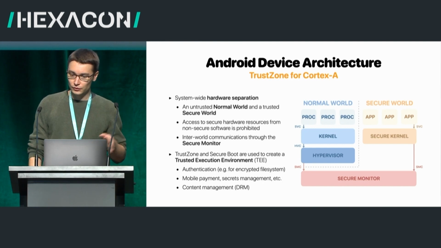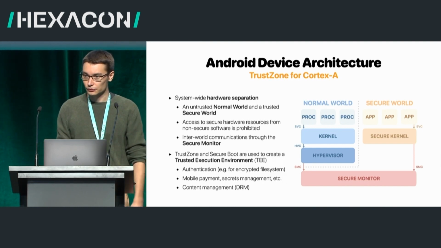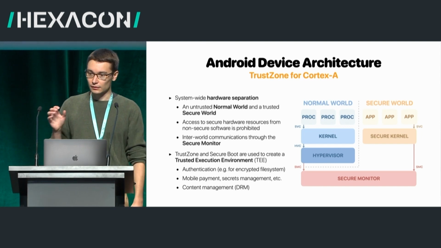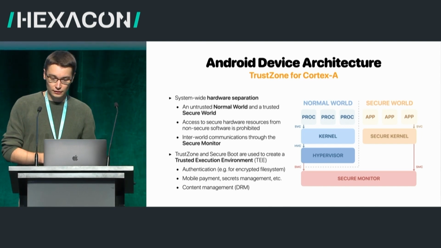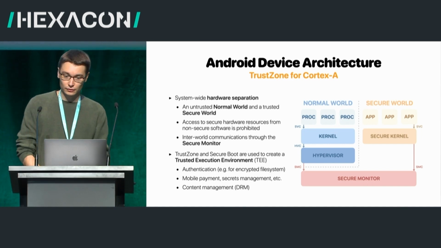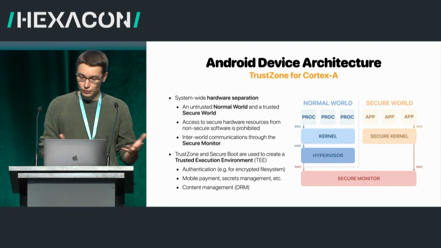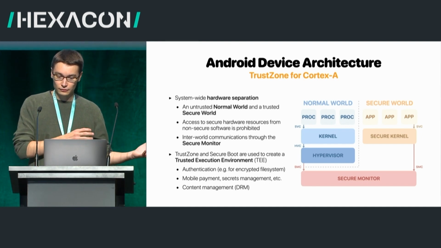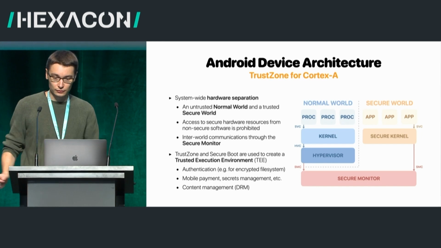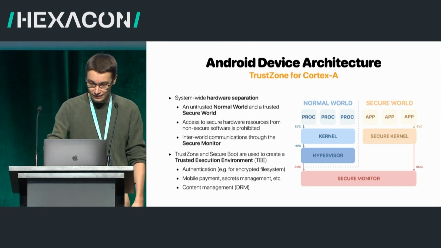And finally, all the communications between the two worlds go through a component which is called the secure monitor. Now, when you combine this trust zone technology with a secure boot, that creates a trusted execution environment, or TEE, and those are used for everything from user authentication to mobile payment or content management, which you also know as DRM.